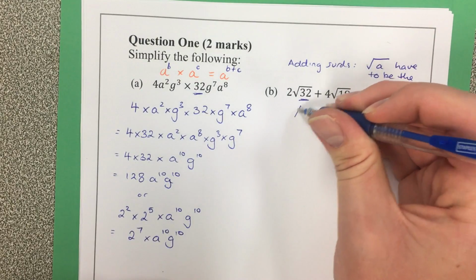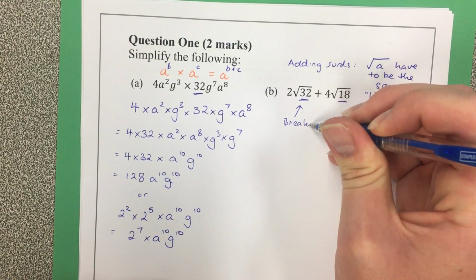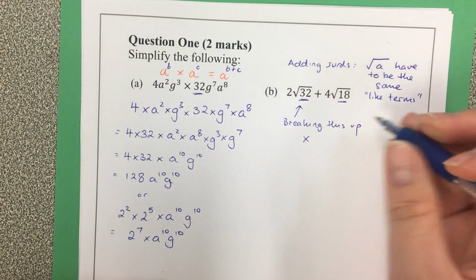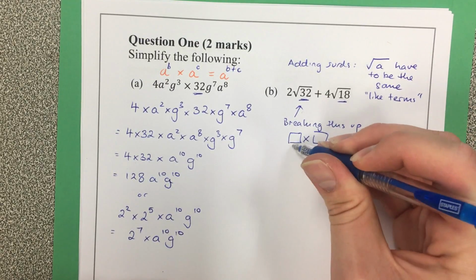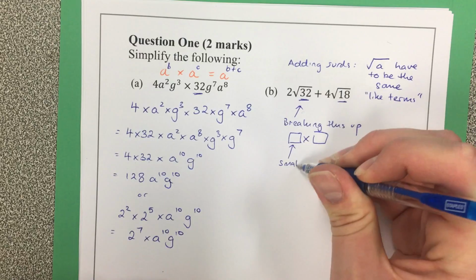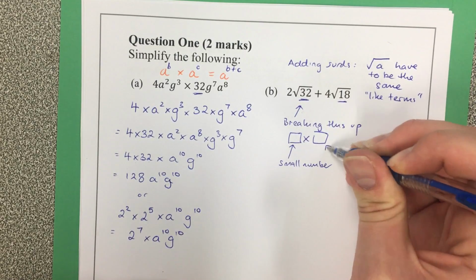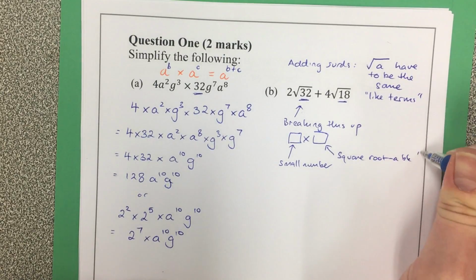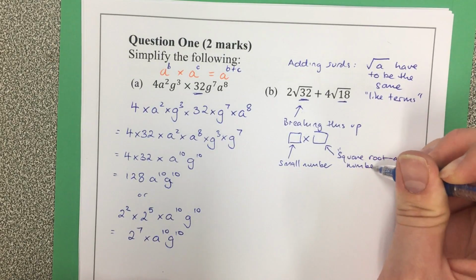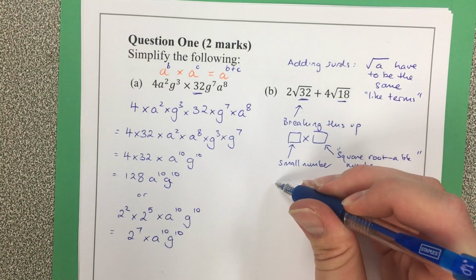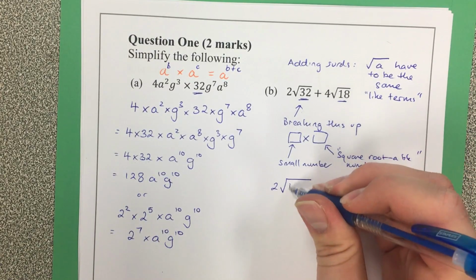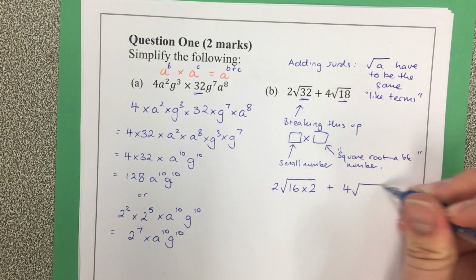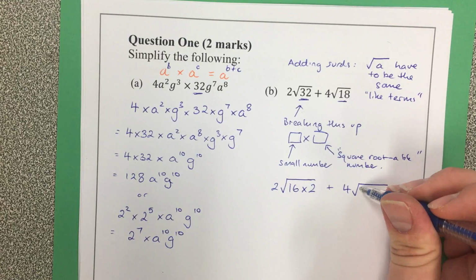Now the strategy to breaking this up is usually it should be two numbers, small number and a square rootable number. So 32 is the same as saying 16 times 2 plus 4. 18 is the same as saying 9 times 2.